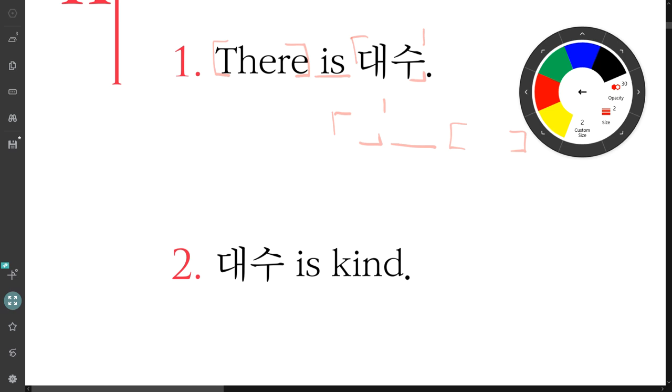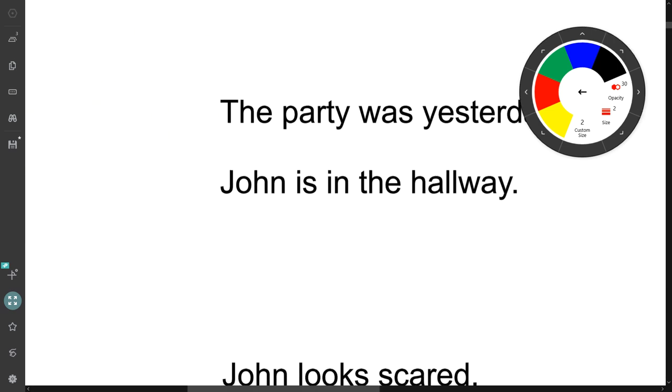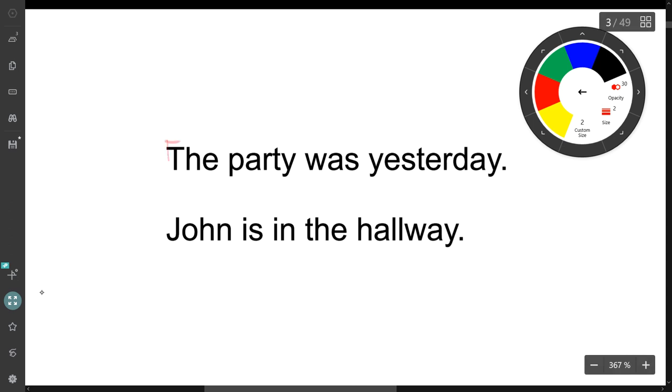However, if the verb is a form of be, an adverbial phrase that tells time or place is needed. The party, there's our subject, was yesterday. John is in the hallway.